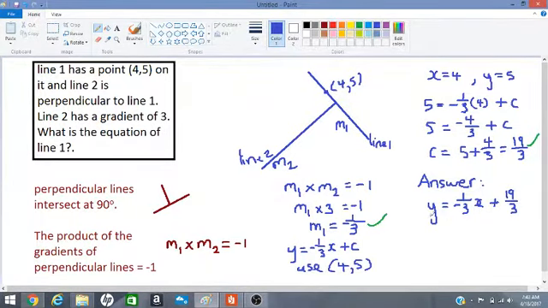We can also write it as y equals 19 over 3 minus x over 3, because negative 1/3 multiplied by x is negative x over 3.